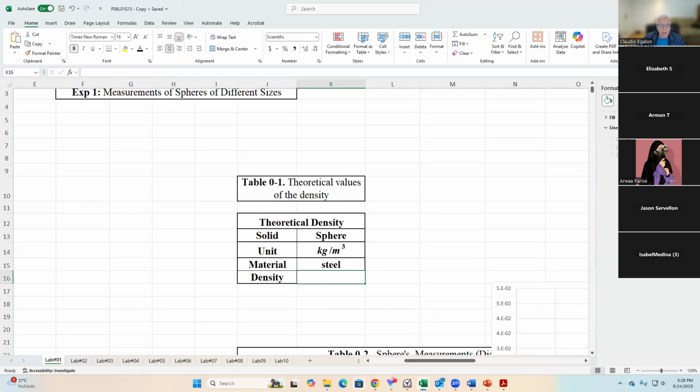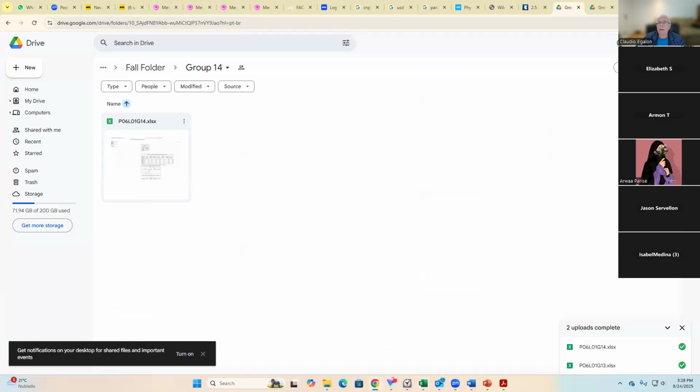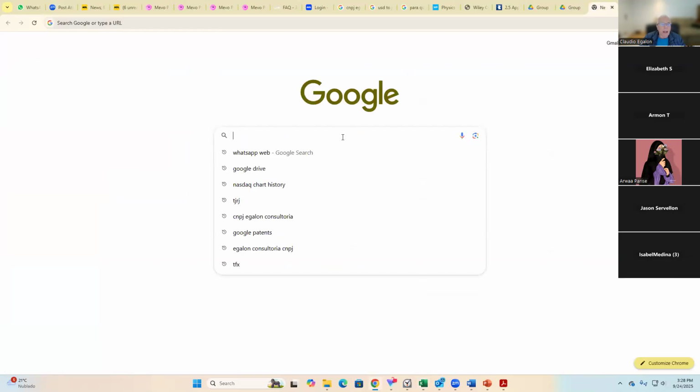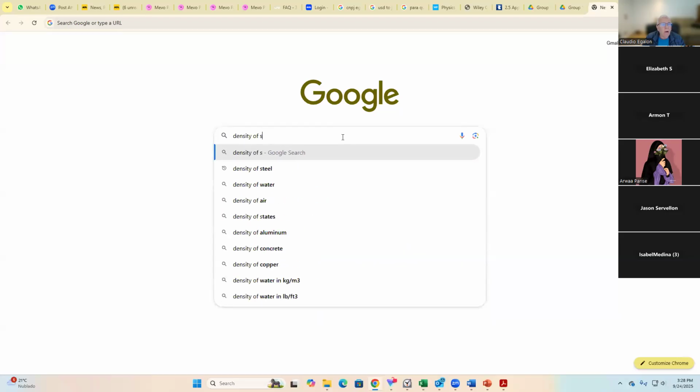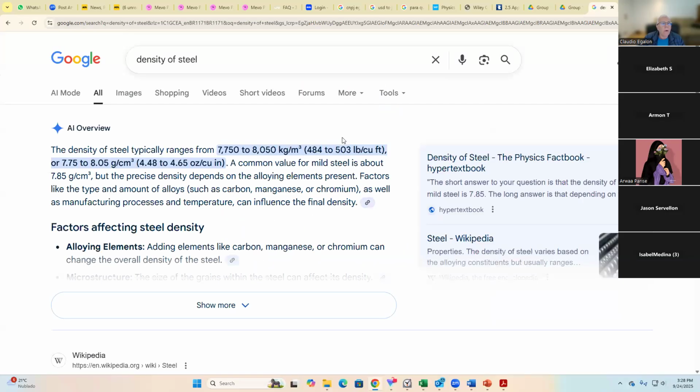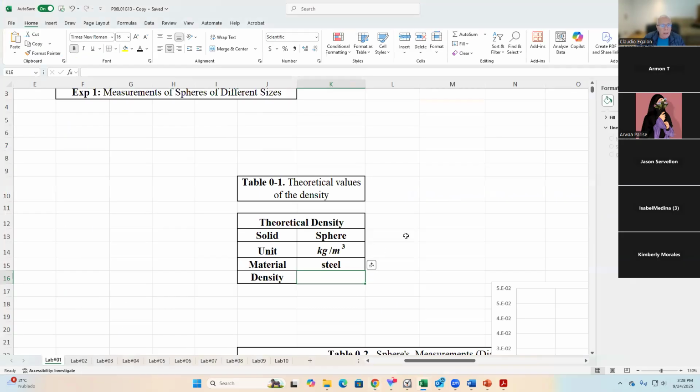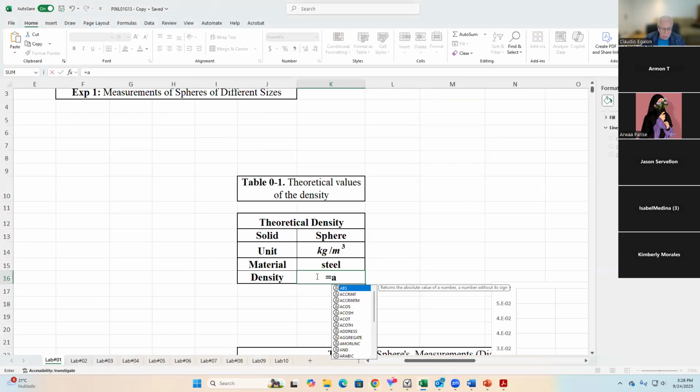But I didn't log the theoretical value of the density. Let's take a look at the theoretical value of the density, right? I did all of that last time, remember? Theoretical density of steel. Here you go. Anywhere between 7,700 to 8,000 — sorry, 8,400. Take the average value of those two.